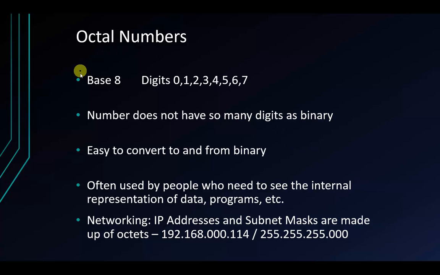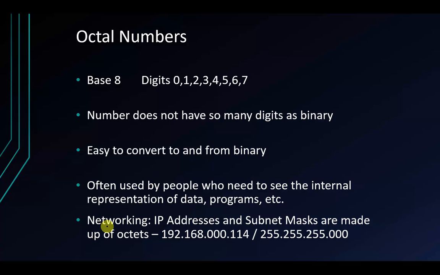Octal numbers, 8, so we have 8 digits, 0 through 7, not so many, so that a number made up of an octal is not going to have quite so many digits as a binary, so it's a little bit easier to work from, easier to convert. This is typically only used in areas where they have to represent data internally in programs.